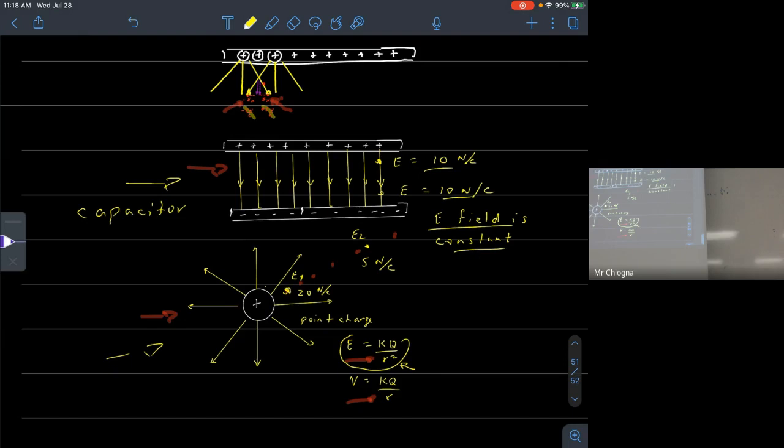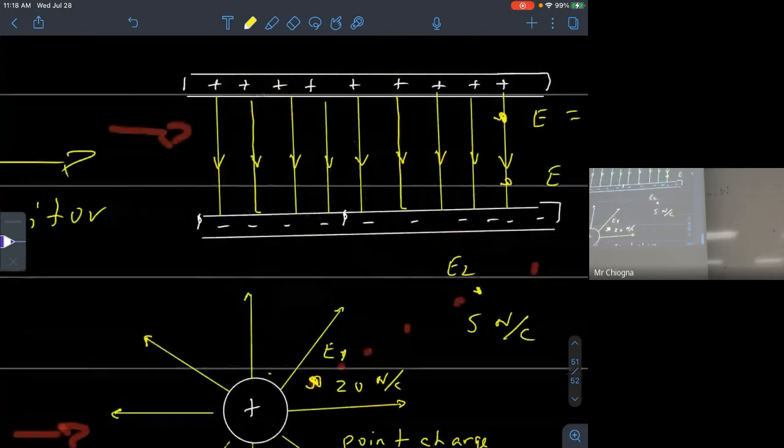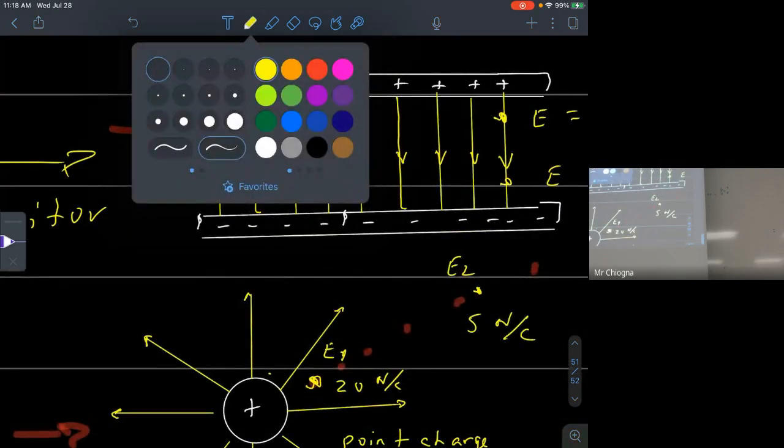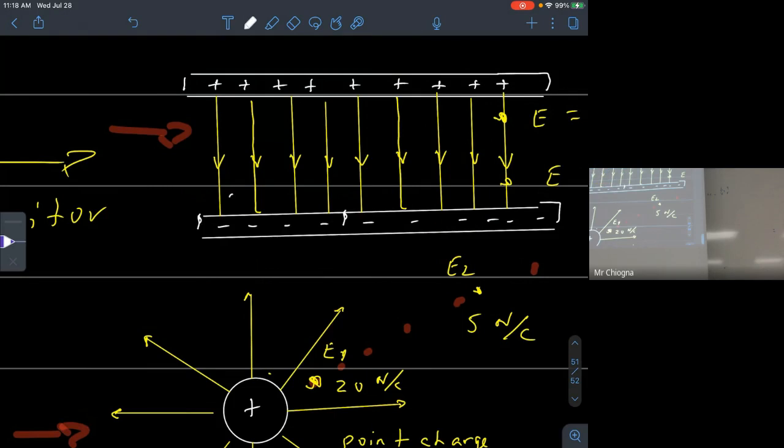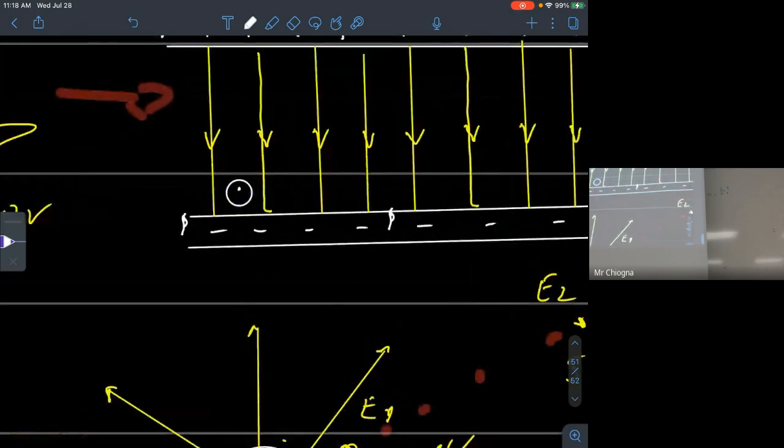Electric field is constant. Why is that important? The force needed, let's say you had a little charge here. Say you had a positive charge, a proton, and you're moving that proton against the field, kind of like lifting a brick.